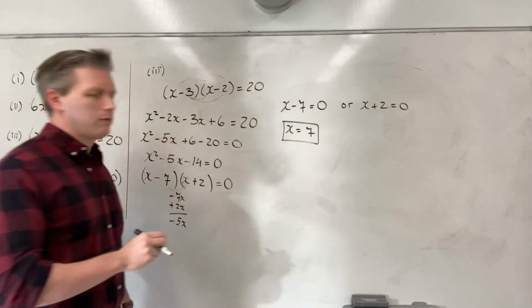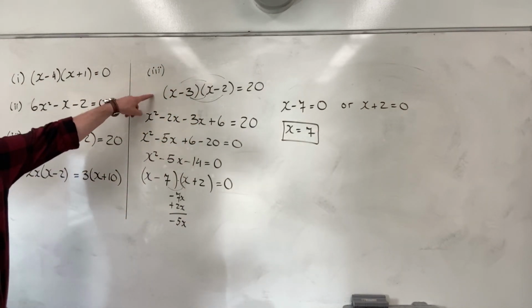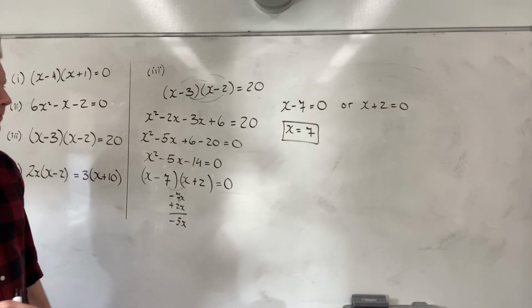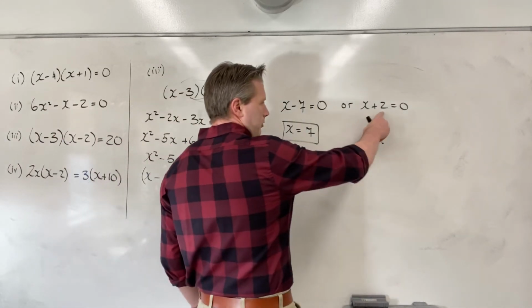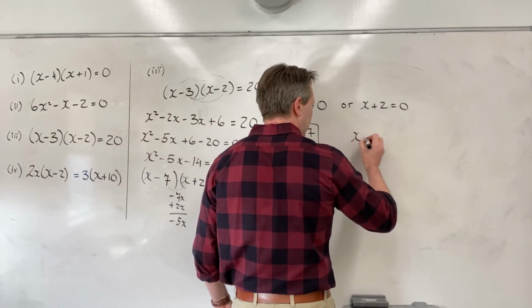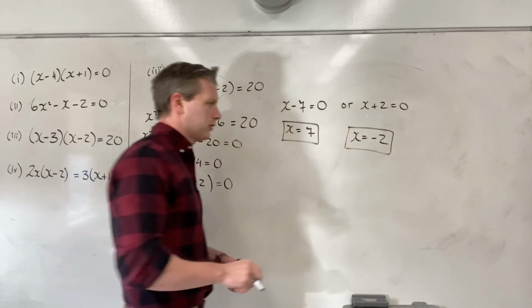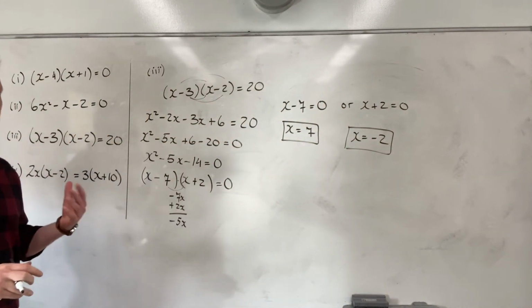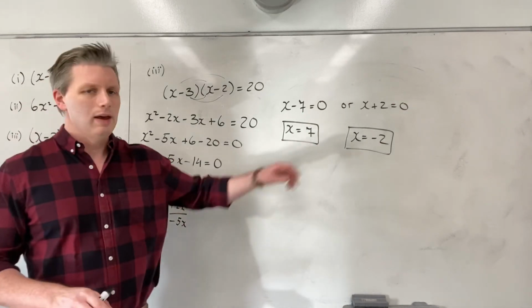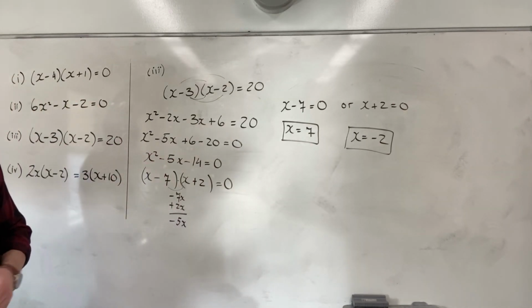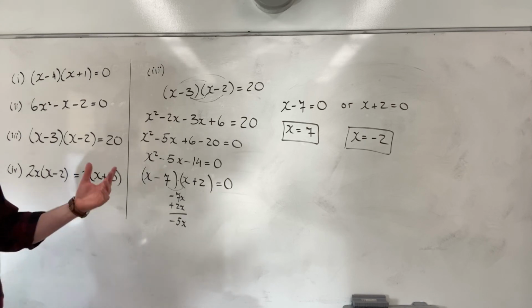That is one of my solutions to my original equation up here. If x plus 2 is equal to 0, well then x is equal to negative 2. And that is my other solution. Those are my solutions, my roots, 7 and negative 2. And that's our problem solved.